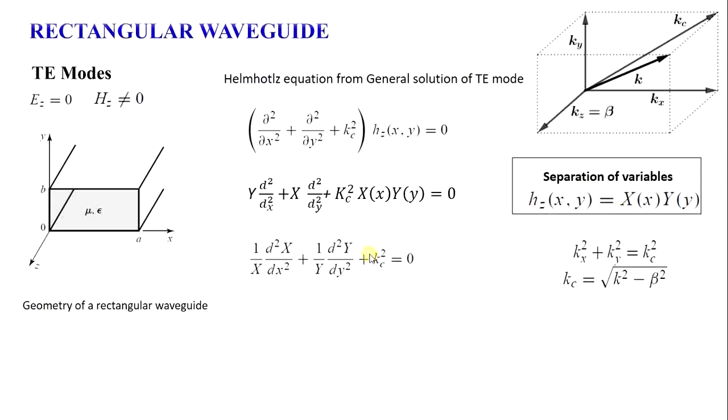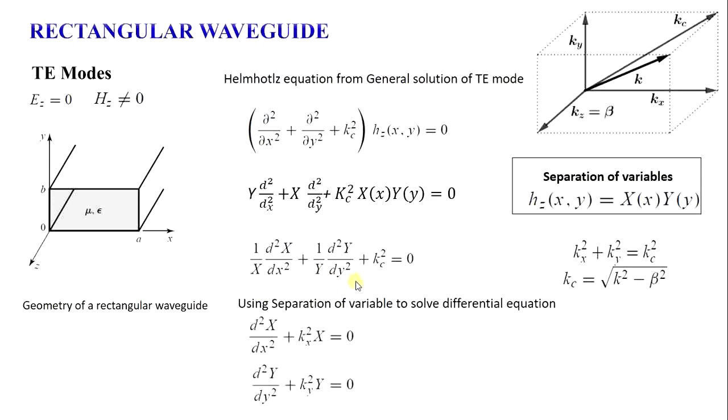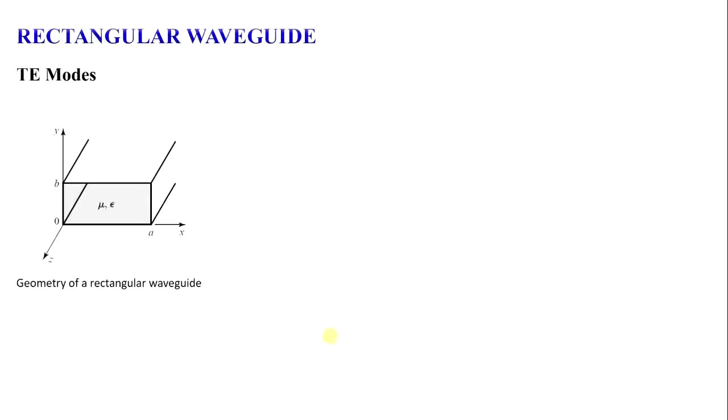Putting kc square as kx square plus ky square and using the separation of variables in order to solve this second order differential equation, we get two different equations: the double derivative of X with respect to x plus kx square X equal to 0, and the double derivative of Y with respect to y plus ky square Y equal to 0.